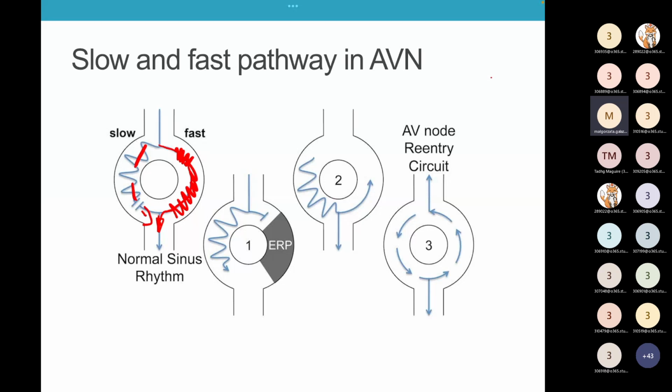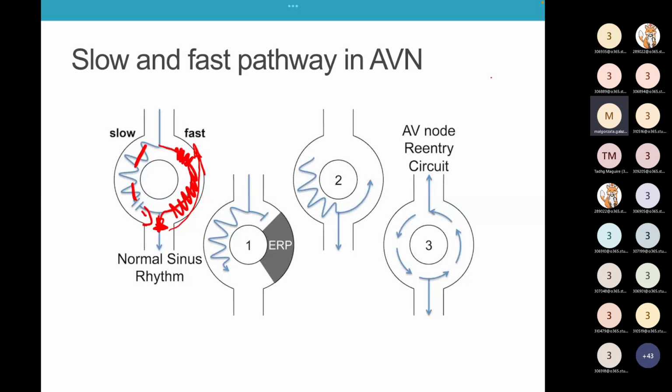Because the fast pathway conducts the action potential with greater velocity, once the action potential propagated by the slow pathway reaches the exit point of the AV node, it cannot re-enter the AV node, because the cell membranes of the cells in the fast pathway are in the state of effective refractory period.